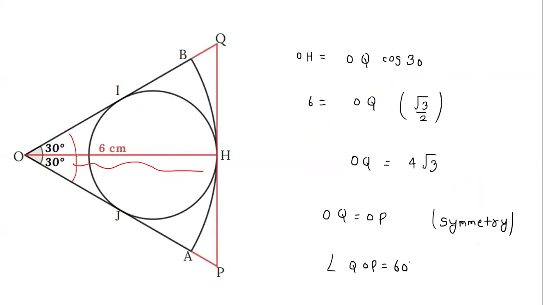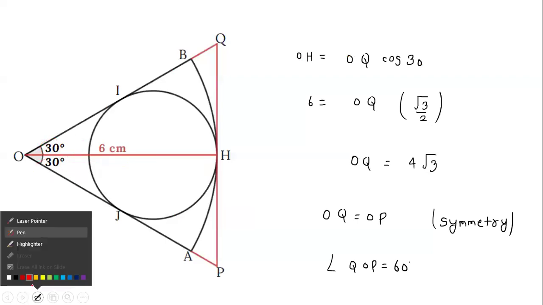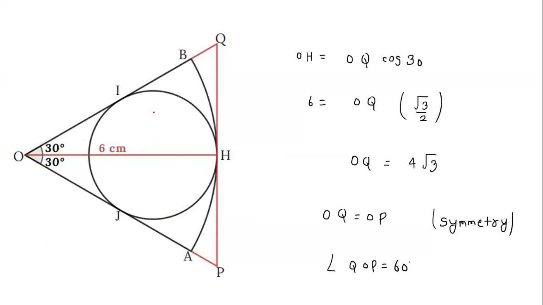We know this whole angle is 60, so this will be 30 and this will be 30, half half. Now you see I extended this OB, so it will meet this QH line at this point, and I also extended this OA line, so it will meet this line at this point.